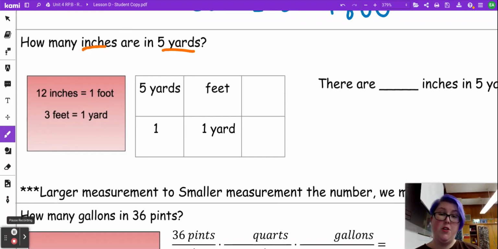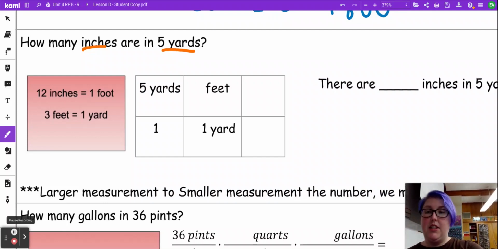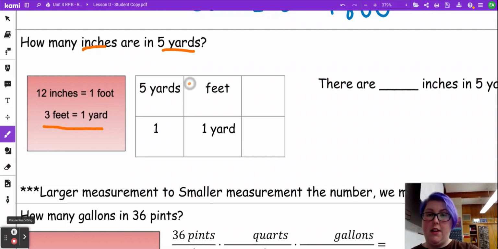When we're doing two conversions, going from yards to feet to inches, I always start with the number. So we know 5 yards over 1, because 5 yards is 5 divided by 1. And then you'll see now we can deal with feet and yards. We know that 1 yard is 3 feet.